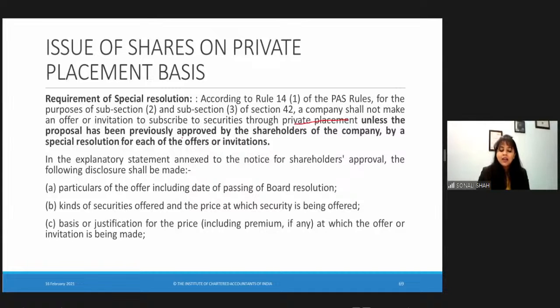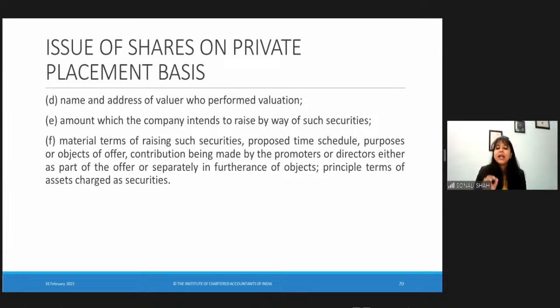So there are certain requirements on the kind of information to be included in that explanatory statement. What is the information that is included here? Particulars of the offer, including the date of passing of the board resolution, the kind of security offered and the price at which the security is being offered, the basis or justification of the price at which the offer or invitation is being made, and the name and address of the valuer who performed the valuation.